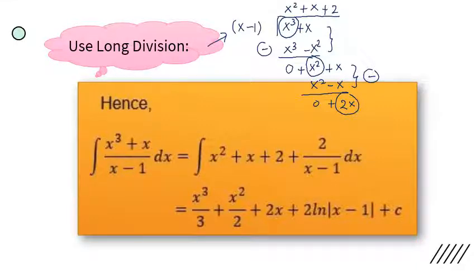Then 2 multiplied by x minus 1 gives 2x minus 2. Then we take the difference between these, 0, and then 0 minus negative 2 is equal to plus 2.